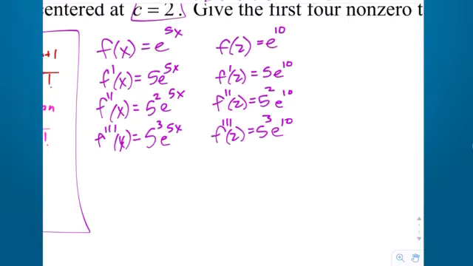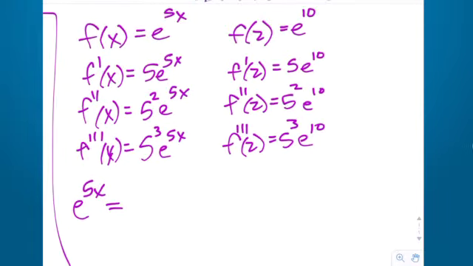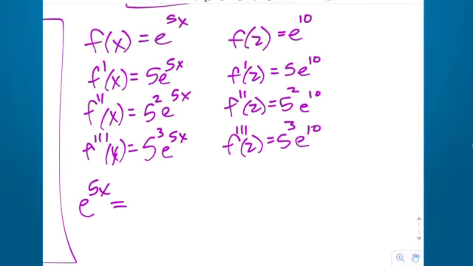So let's go ahead and write then the series. e to the 5x equals, or squiggles, if we're writing a series? Equals. If we're doing a polynomial, then it's squiggles, but we're going to do the whole series. So we start off the exact same way. If it's a polynomial, we start off by writing the equation of what would be essentially the tangent line.